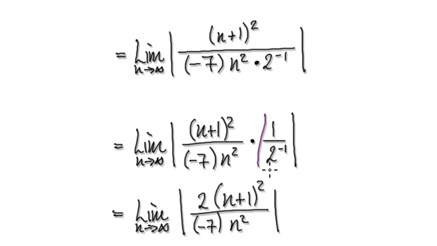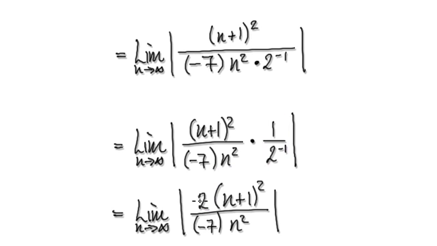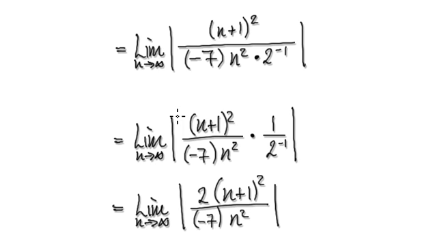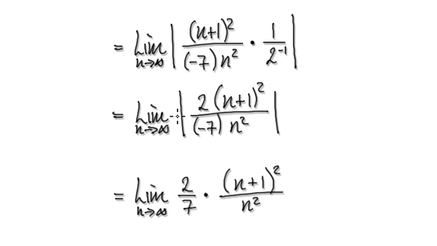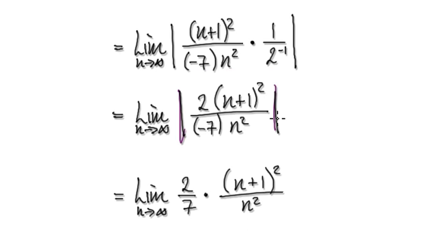Now if you look at this block, it's really 1 divided by 1 over 2. That's the same as 1 multiplying 2 over 1. Then this 2 here will be this 2 here, and so that will take us to here.